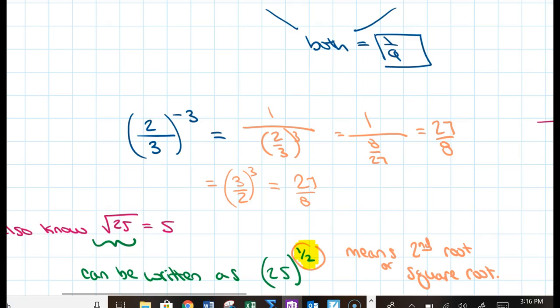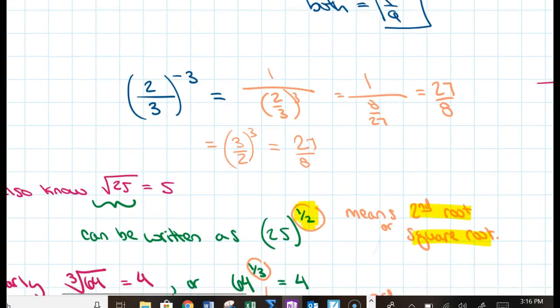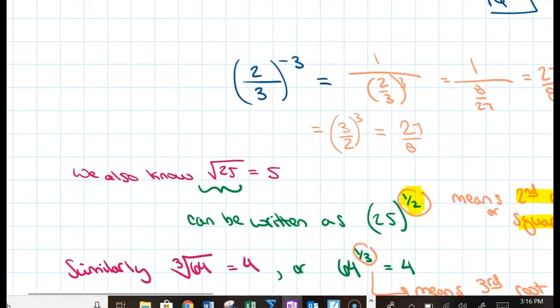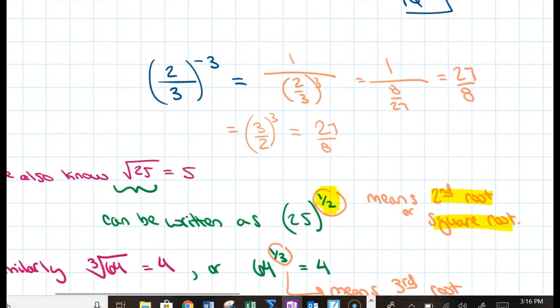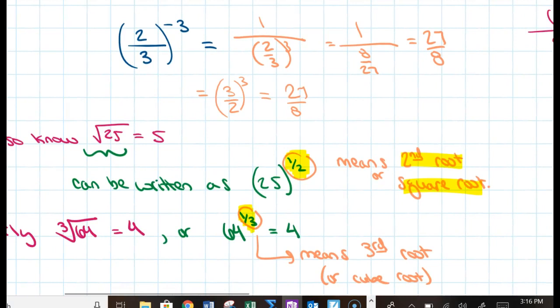Something raised to the half means the second root or the square root. Similarly, we know that the cube root of 64 is 4. I could write the cube root of 64 as 64 raised to the 1/3, and this power of 1/3 means the third root or the cube root.